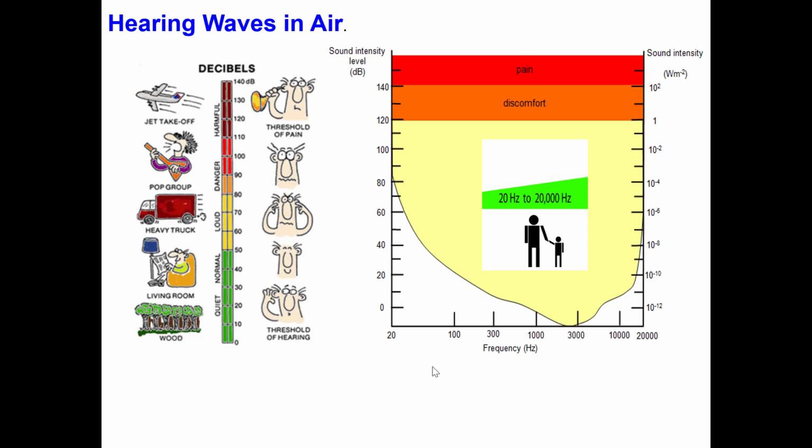Then we already discussed there is some range in frequency we can hear, and this range is between 20 Hz and 20,000 Hz. Let's now talk about the intensity. In this scale, the unit of the intensity is watts per meter squared. We already discussed it is the rate of energy per area.